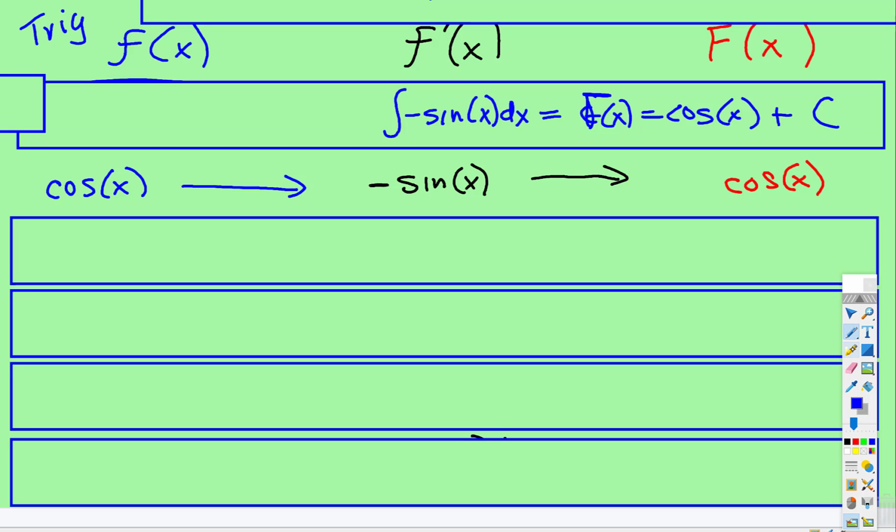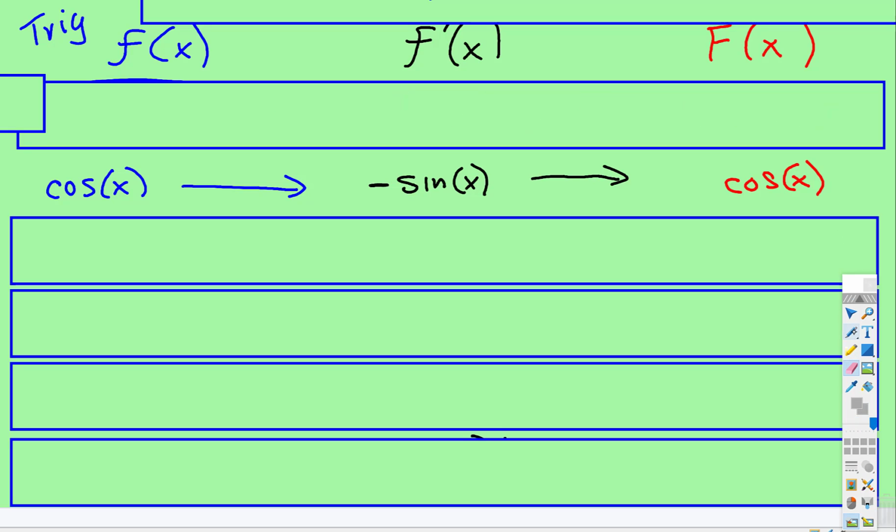However, sometimes they'll just say, hey, what's the integral of positive sine x dx? Well, we don't have any original function whose derivative is positive sine x. But what we do have is a function whose derivative is negative sine x.